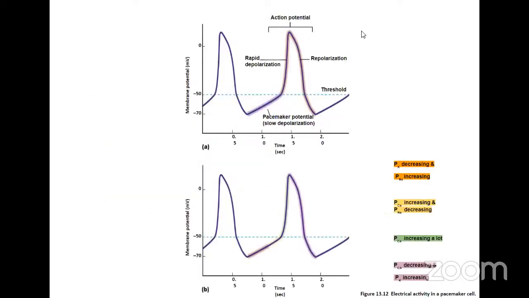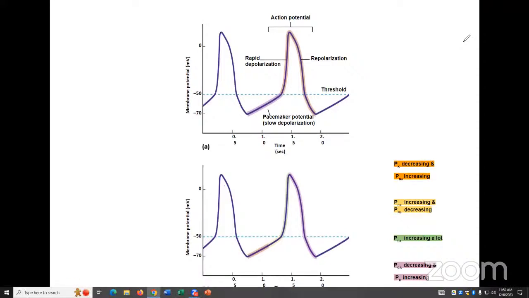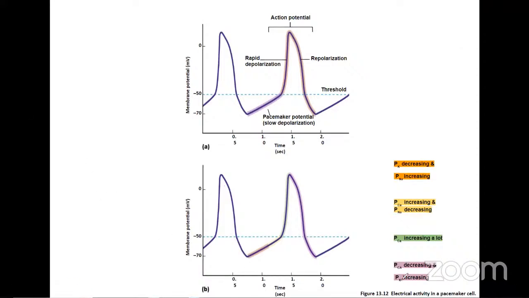Okay, so if we're looking at the action potential in our pacemaker cells, you want to pay attention to the labels, right? So we're looking at a figure about pacemaker cells. And I'm pointing this out because this is going to be different than the myocardial cells, the heart muscle cells. This is specifically about those electrical cells, those pacemaker cells.